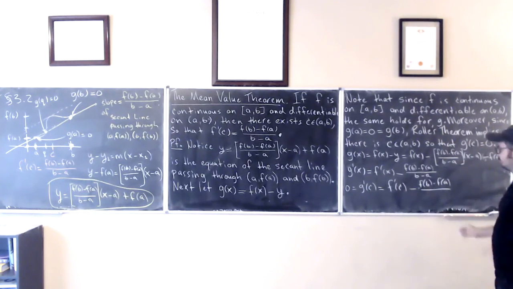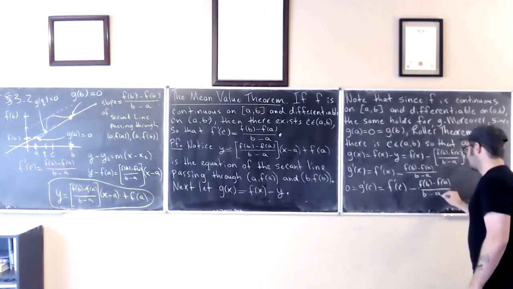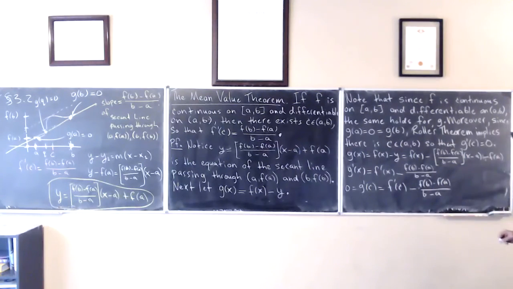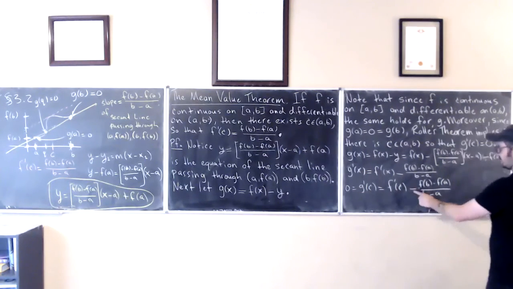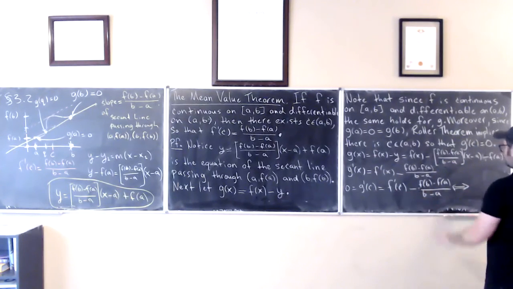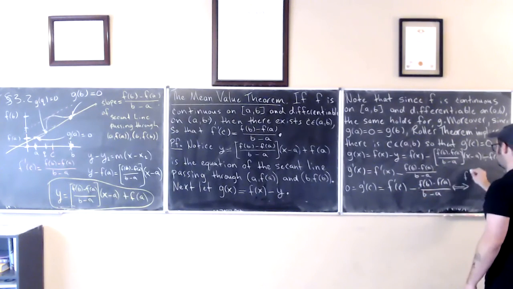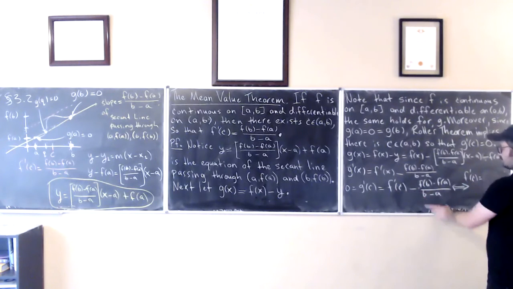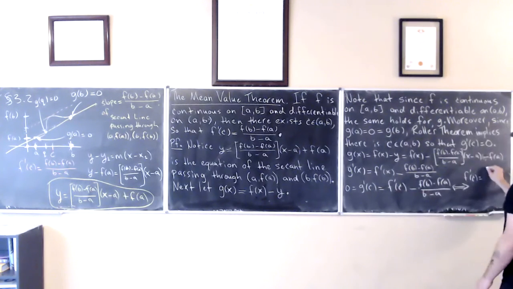It still went to 0. So then we have 0 is equal to that minus that, which if you solve for F prime of C, you get that F prime of C is equal, add this on both sides, F of B minus F of A, all over B minus A.